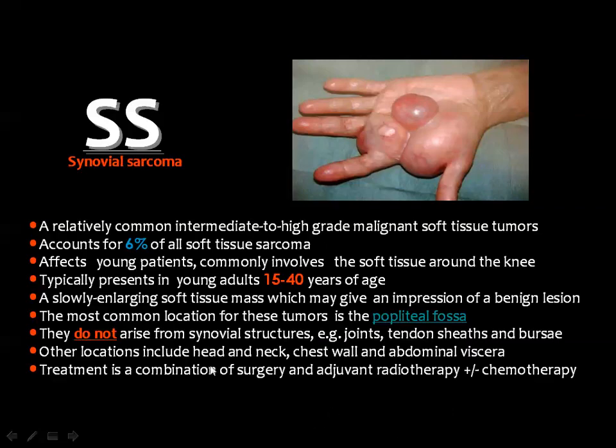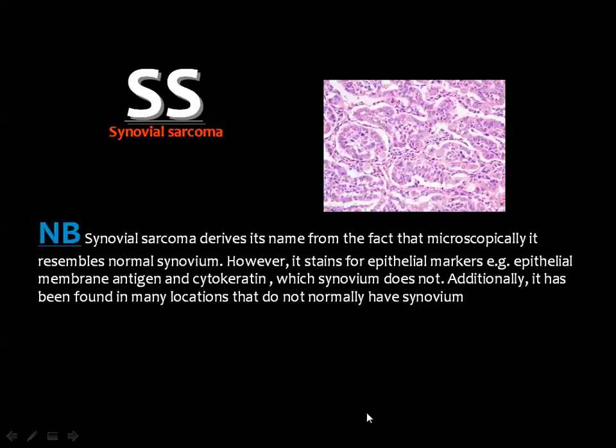Other locations include the head and the neck, which do not contain synovium, the chest wall, and the abdominal viscera. The treatment is a combination of surgery and neoadjuvant radiotherapy or chemotherapy. This is an important statement.